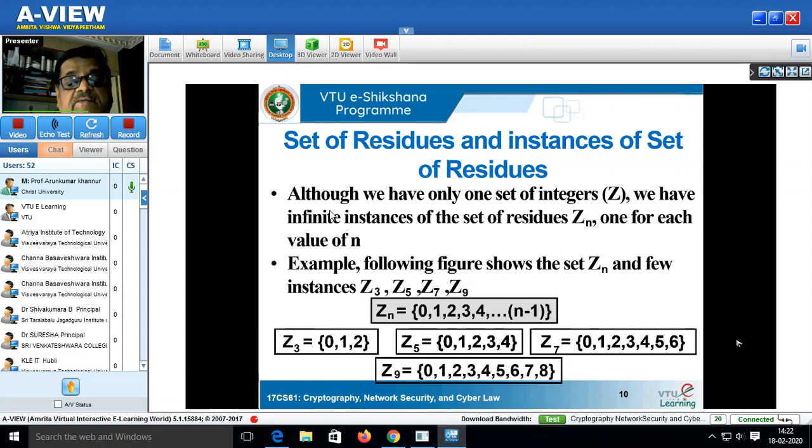For Z5, we have the set of residue values 0, 1, 2, 3, 4. Similarly, Z7 has 0, 1, 2, 3, 4, 5, 6. Z9 has 0, 1, 2, 3, 4, 5, 6, 7, 8.